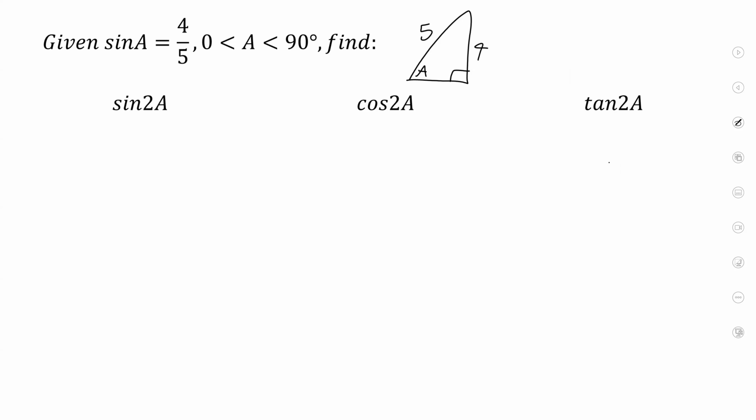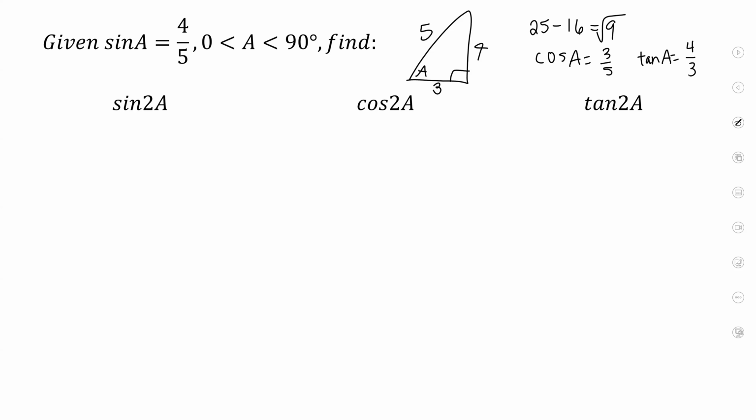Ethan, what'd you use to get through right here? 25 minus 16 gave you 9, and you took the square root of that? Very good. So that means cosine of that same angle is 3/5. Ethan, what's tangent of that same angle? SOHCAHTOA. Perfect. Thank you, Ethan.